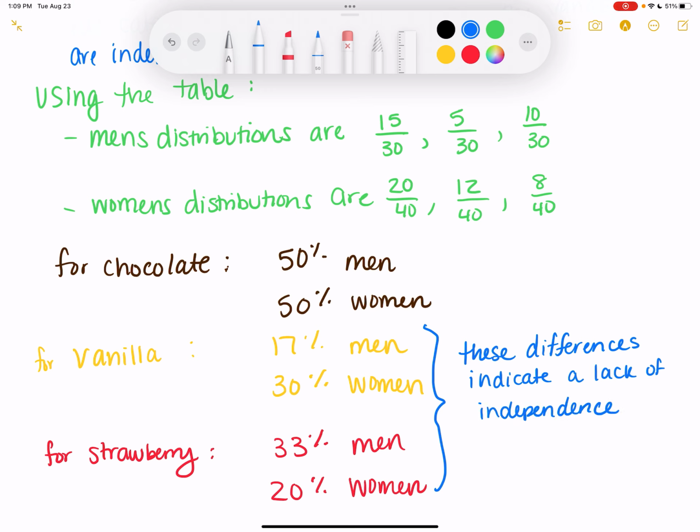Now it doesn't mean that all of them needed to be 50%. It just means for each individual one. So for vanilla, they both would have needed to be the same, and for strawberry, they both would have needed to be the same to classify it as independent.